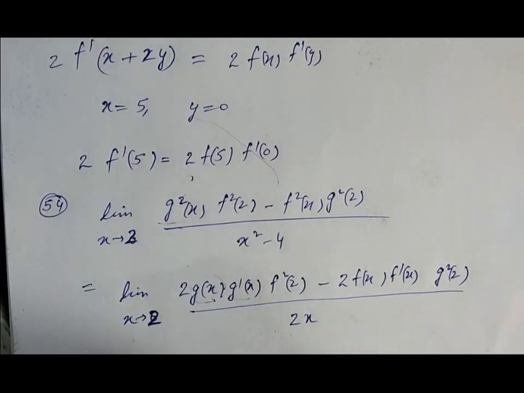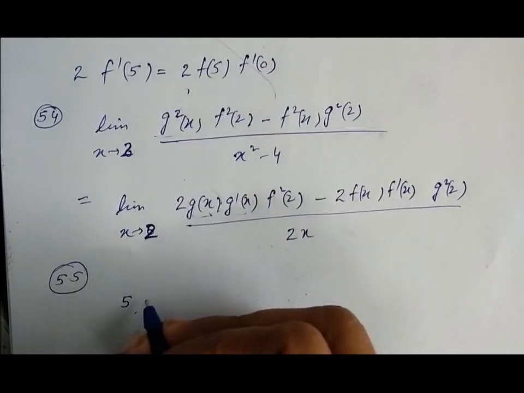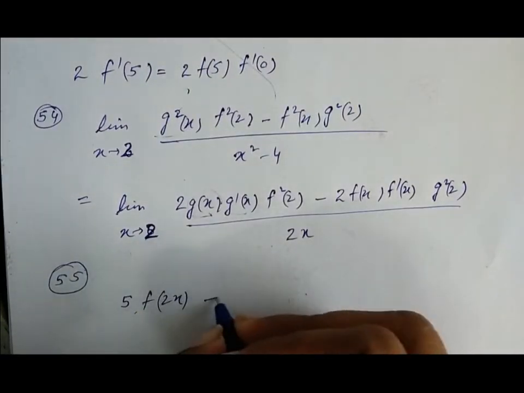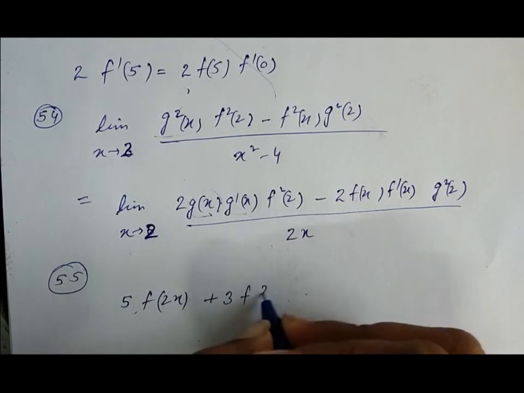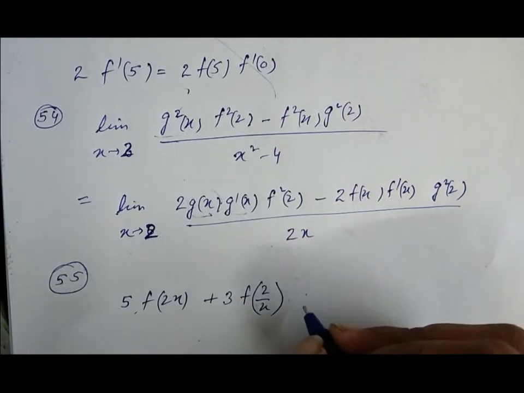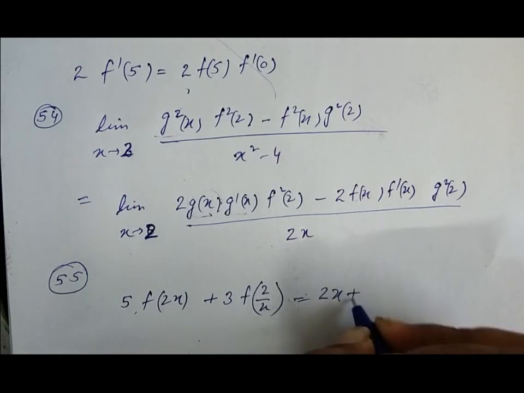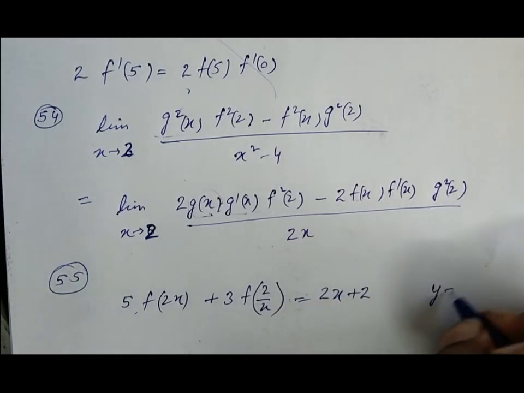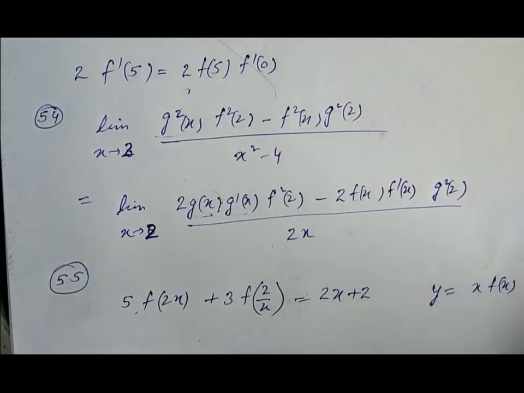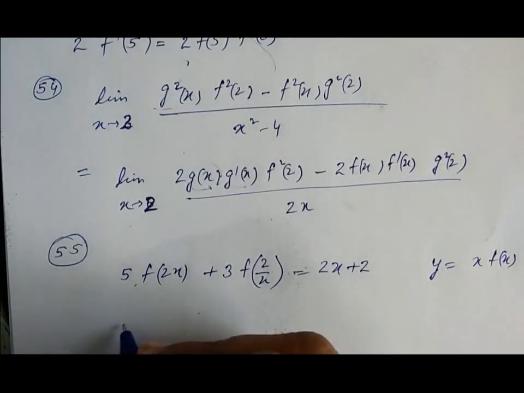Moving to next question, question number 55. Question number 55 says, if 5 times f of 2x plus thrice of f of 2 by x is equal to 2x plus 2 and y is equal to fx. So standard method for these type of questions is replace x by 1 by x.